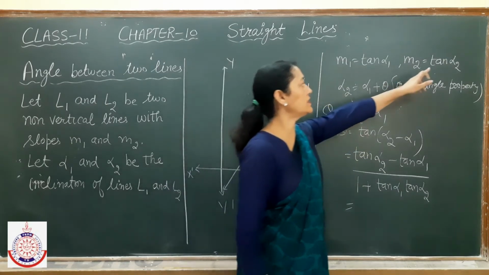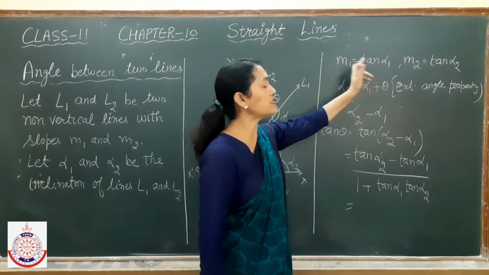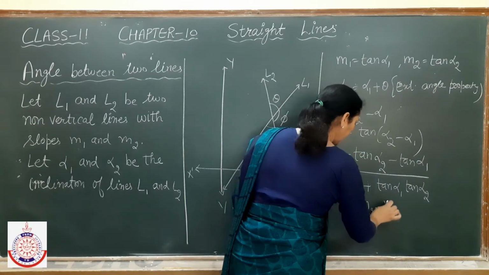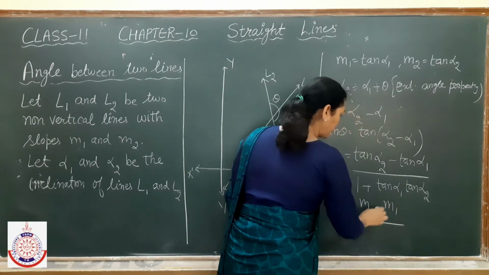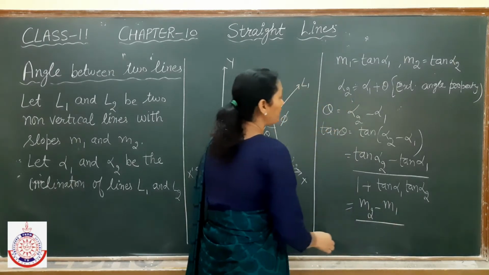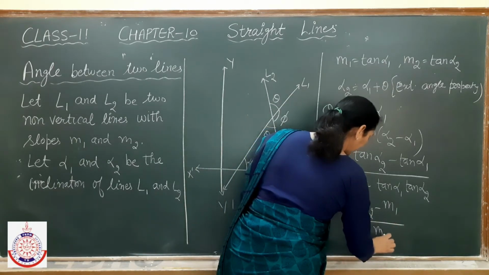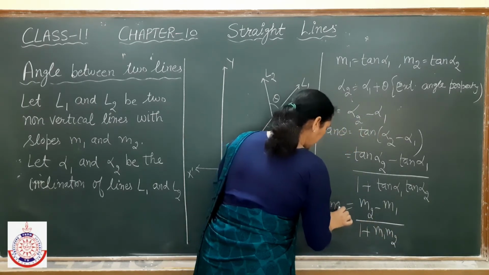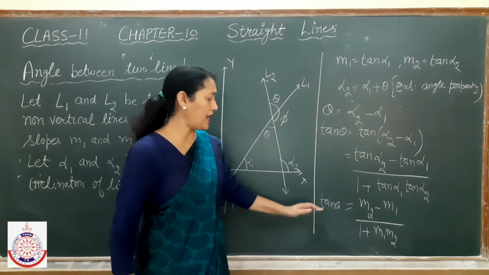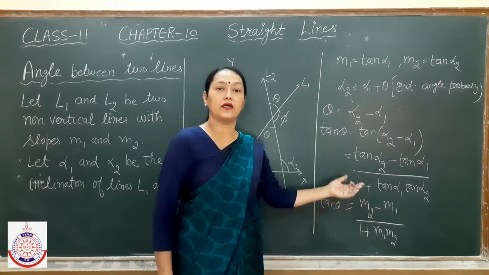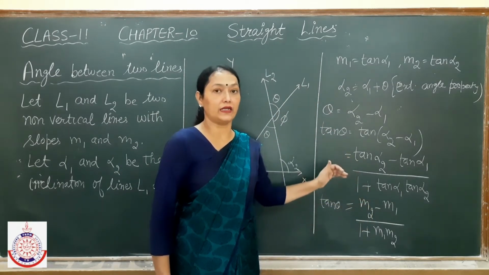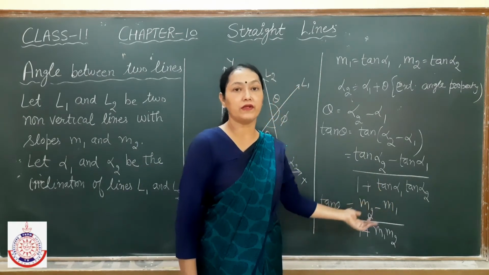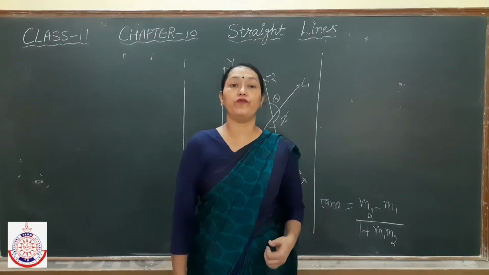Tangent alpha 2 is m2 and tangent alpha 1 is m1. So inserting the values, we will be getting tangent theta as m2 minus m1 upon 1 plus m1 into m2. So what we have obtained is the angle between two intersecting non-vertical lines: m2 minus m1 upon 1 plus m1 into m2.